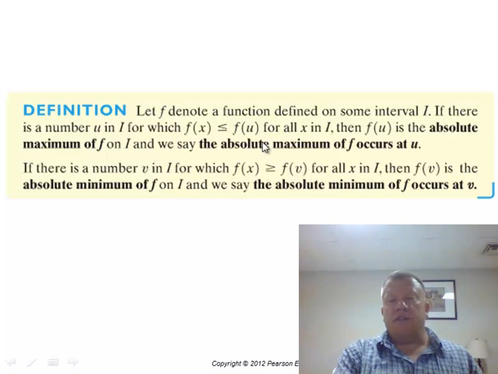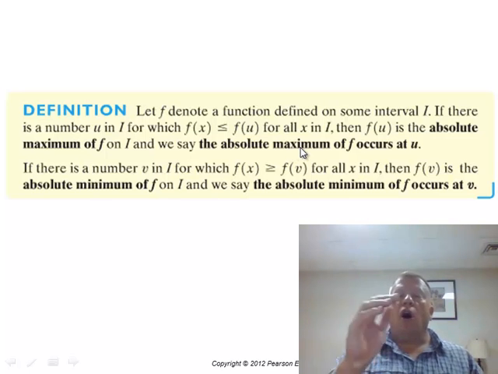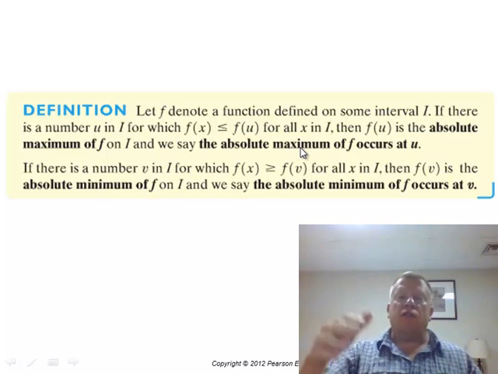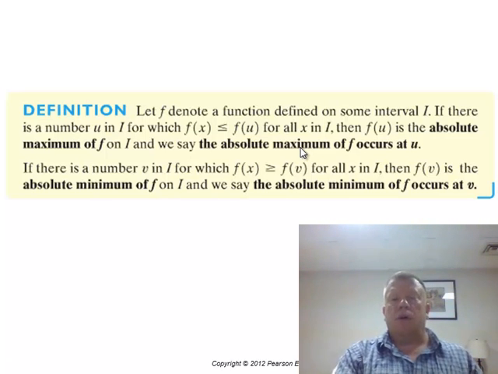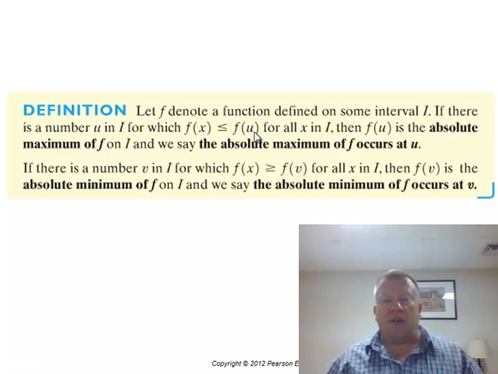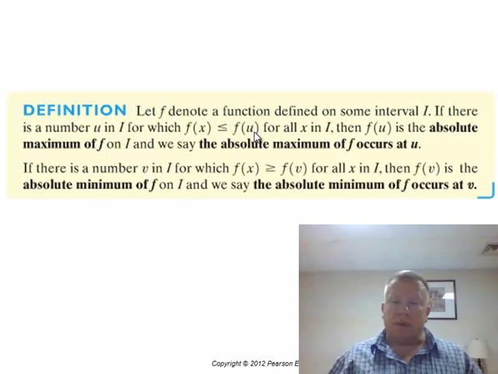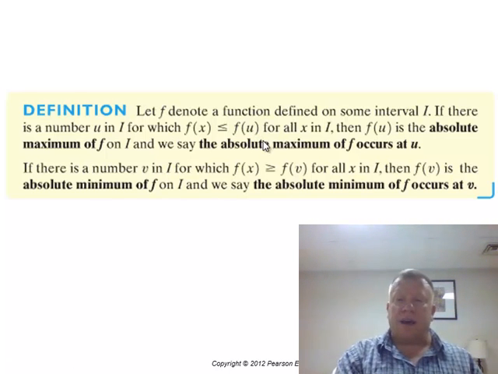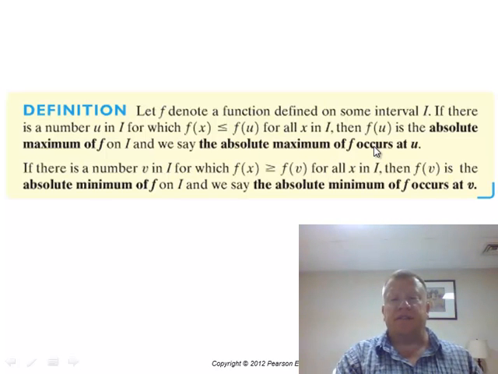In order for us to have an absolute maximum value, all other values of the function have to be less than or equal to that maximum value. So suppose the absolute maximum of the function occurs at x equals u. Then f of x is less than or equal to f of u for all other values of x. Remember, f of u is what we're calling the absolute maximum value of f.